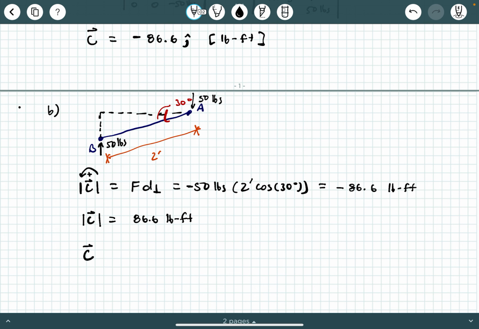We would still come out with the Cartesian vector negative 86.6 j pound feet, okay? So it's kind of cool to be able to relate these two notations together, but obviously in this particular example, the scalar notation is a lot more user-friendly, okay? Well, that concludes this example.